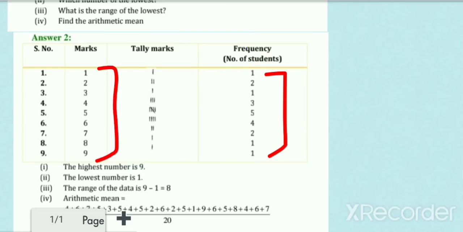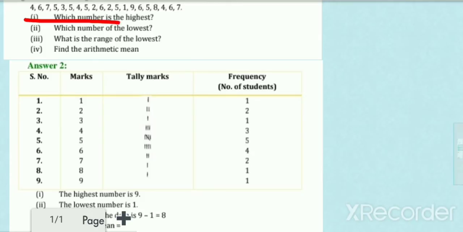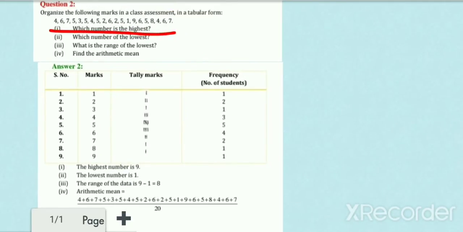Okay, now here are some questions. First, which number is highest? So here 5 is highest because the frequency of 5 is more than the others. And which number is highest?